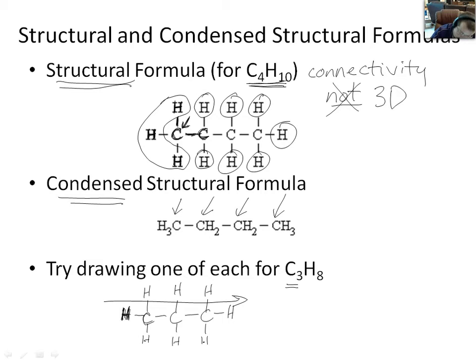So when I write the condensed structural formula, that's why I would write H3, because I come across the H's first, then carbon, and then for the remaining I write CH2, CH2, CH3. There we go. There's our 1, 2, 3 carbons, and our 3, 4, 5, 6, 7, 8 hydrogens for C3H8.